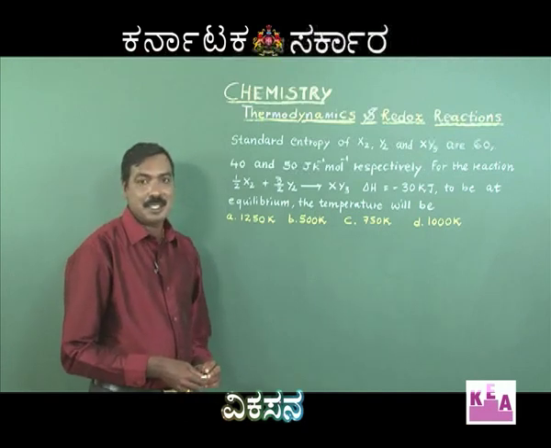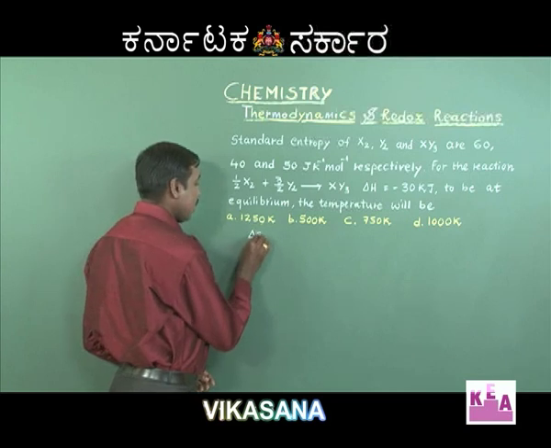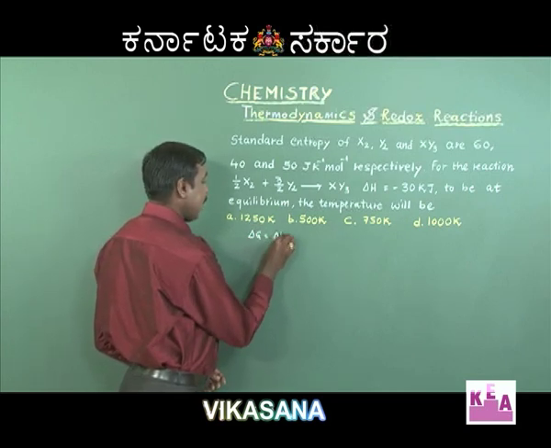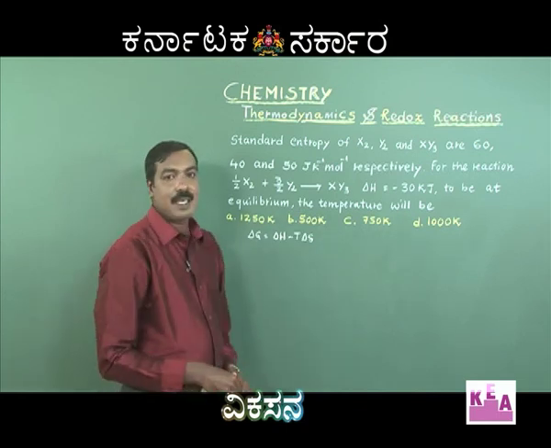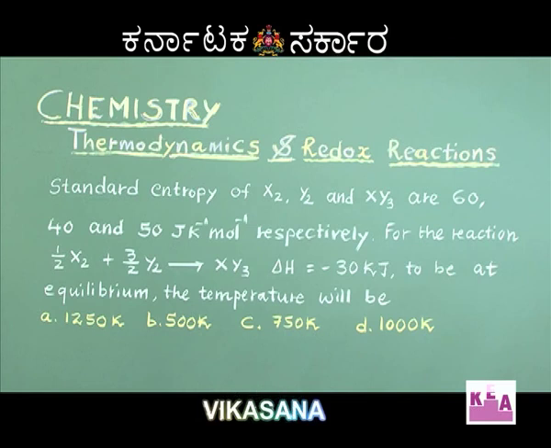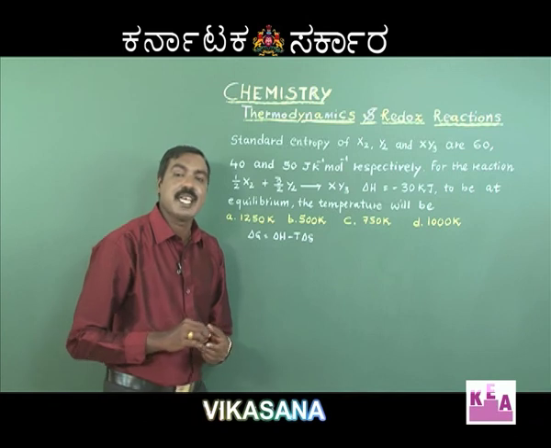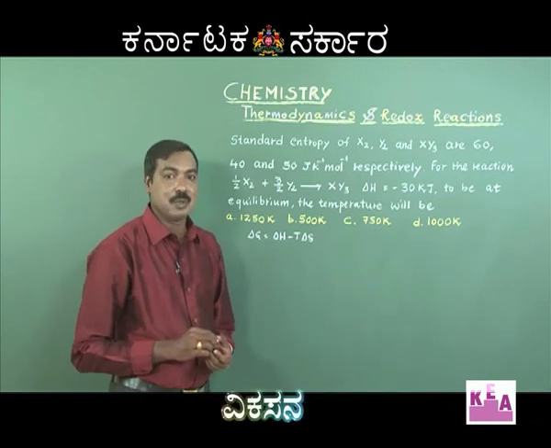Delta G is equal to delta H minus T delta S. I am asked to calculate the temperature, and it is given that to be at equilibrium, delta G is equal to 0.